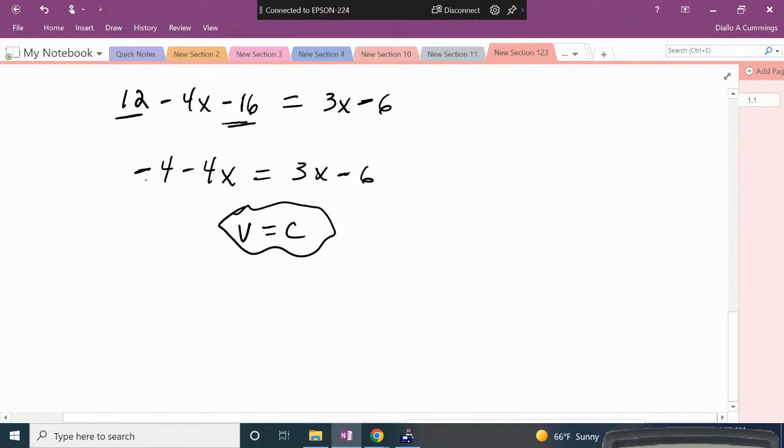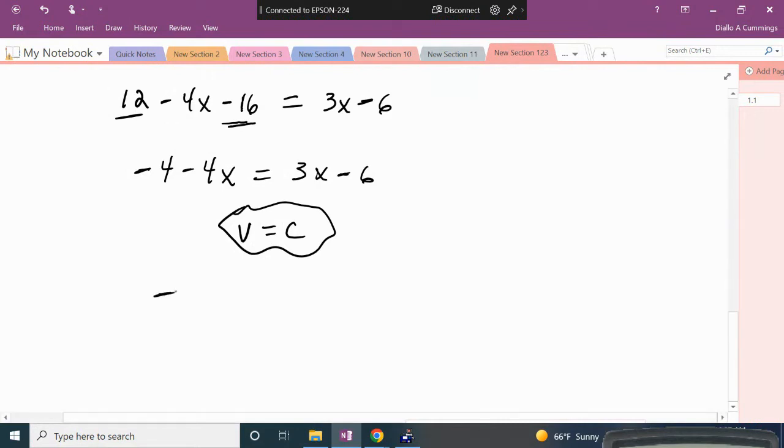-4 is not a variable, so I'm going to take -4 and transpose it to the opposite side. Now, when I say transpose, that simply means when I move one term from one side to the other side, I'm going to change its sign. So I can add 4 to both sides.